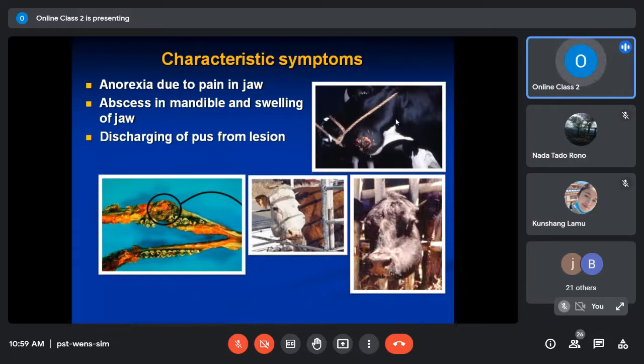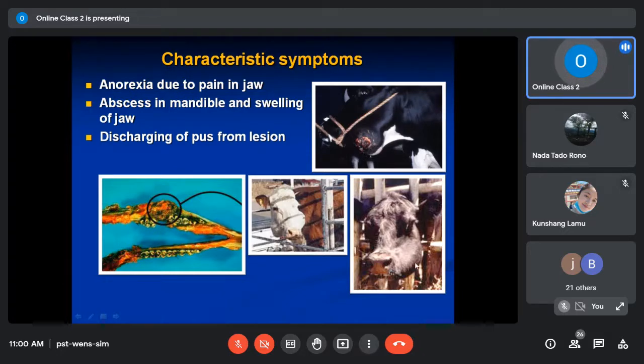jaws. The parts of the jaws may be much swollen, and when you squeeze or press the affected parts, pus comes out from these lesions. So these are some of the gross lesions in the mandible and jaws. Chronic abscesses are found there.